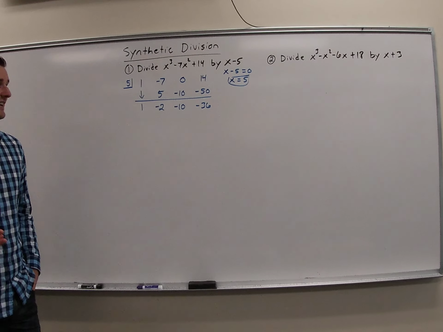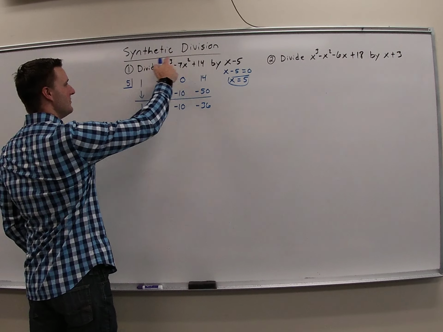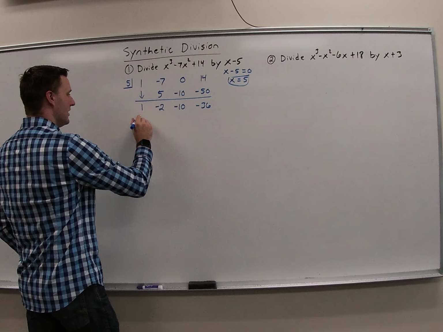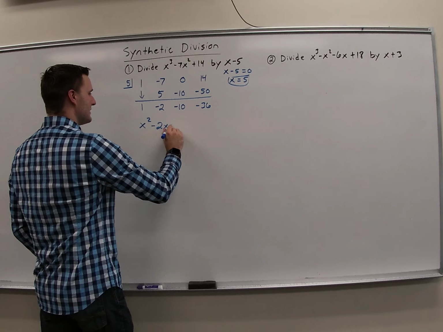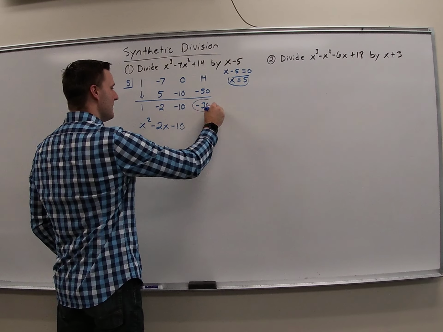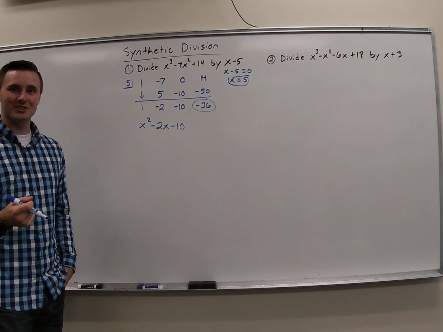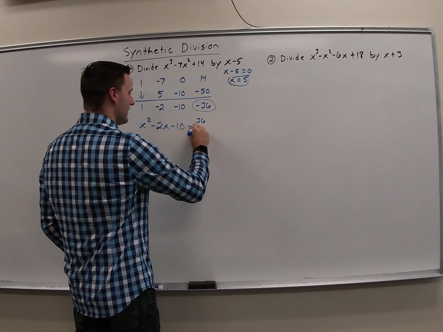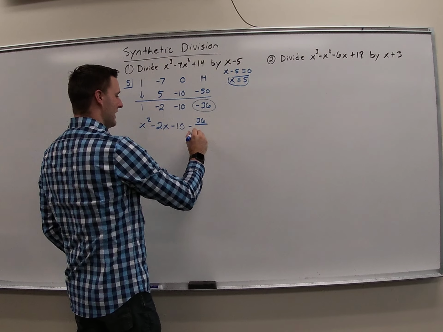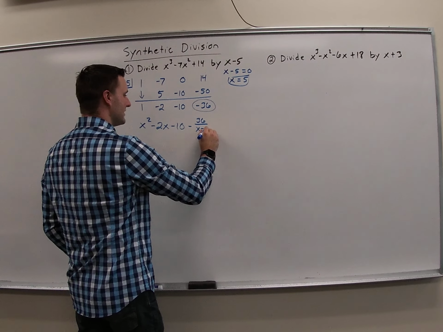And so what we're saying is that after I divide this out, I'm left with 1x squared minus 2x minus 10, and I have this remainder of negative 36. And so we say, I have this negative 36 left over after I divided by my original x minus 5.